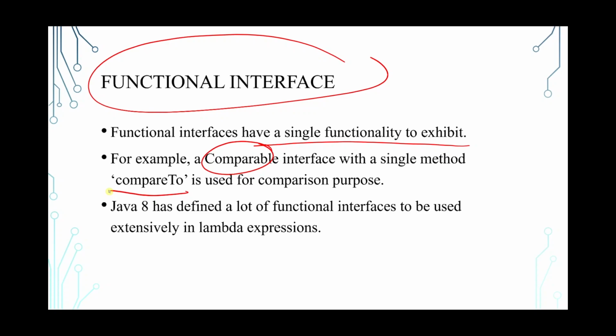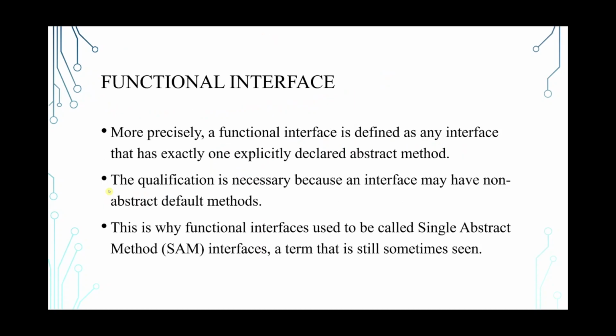You can just take a look at them if you ever want to use any of them. So more precisely, we can say a functional interface is defined as an interface that has exactly one explicitly declared abstract method. The qualification is necessary because an interface may have a non-abstract default method.